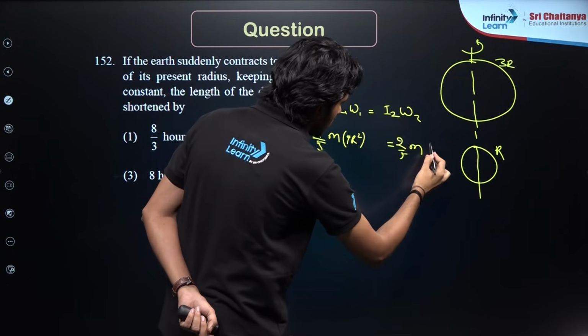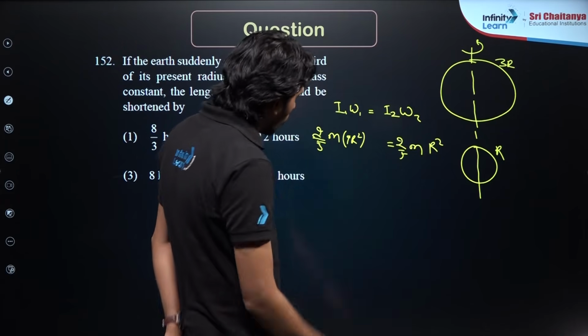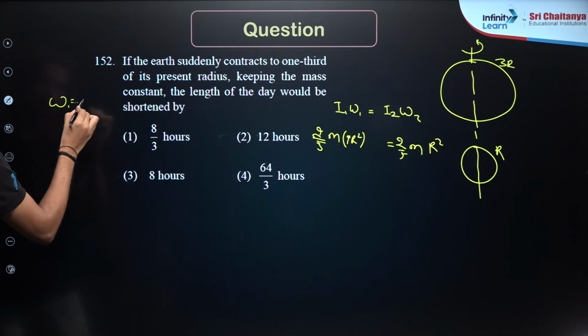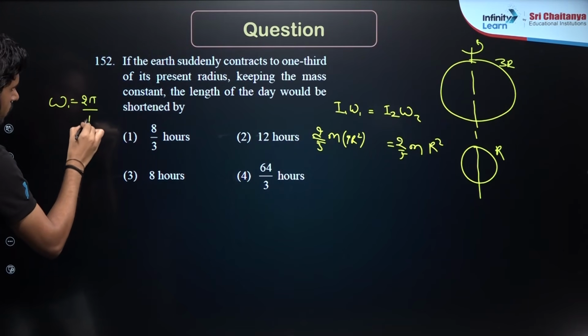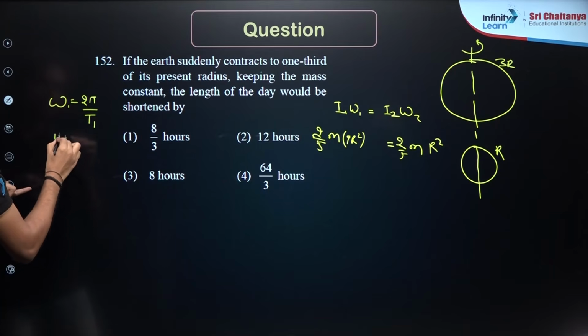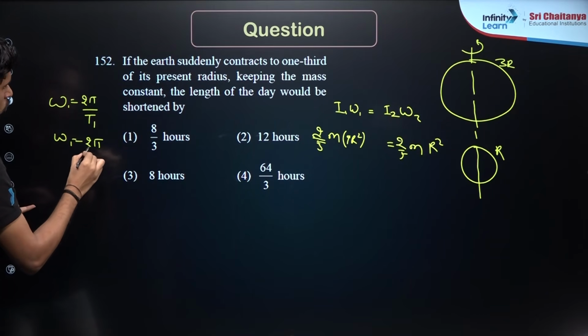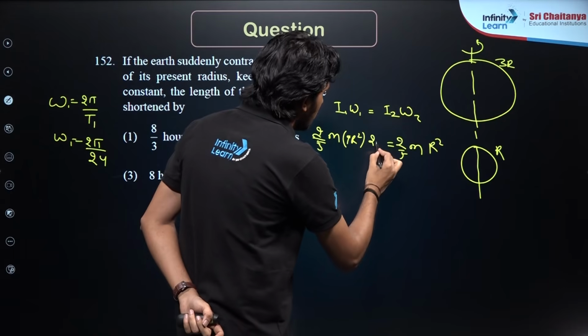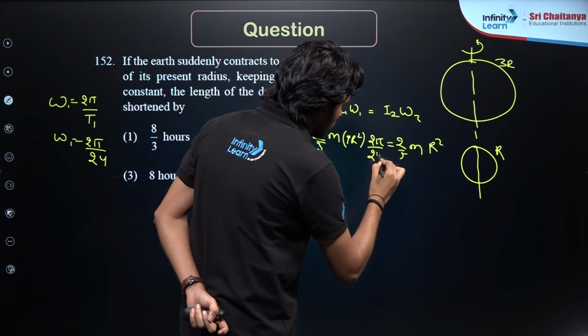In the ending r square. Omega 1, so omega 1 is what? Omega 1 is 2 pi by t1, and t1 is 24 hours. Omega 1 is 2 pi by 24 hours.